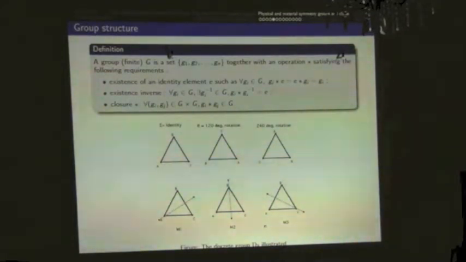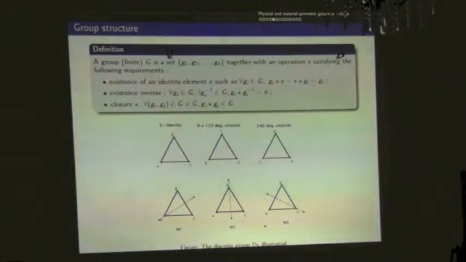And a group, with all these three properties, is the language of symmetry. Here I give one simple example. We will get back to this one a bit later on, but here I will present it quickly.